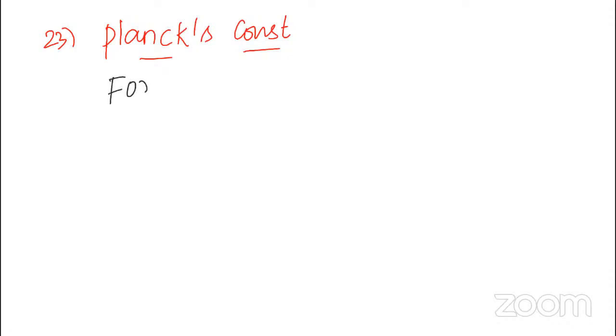Next one, Planck's constant. So this can be calculated by the formula lambda is equal to h by m into v.